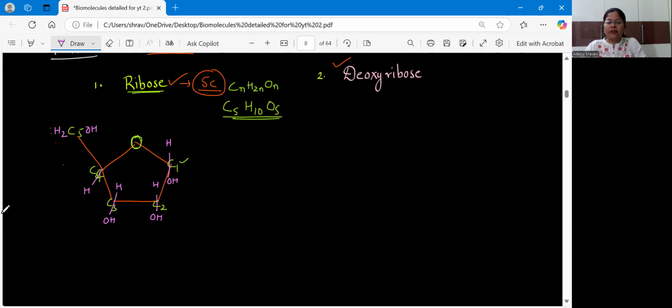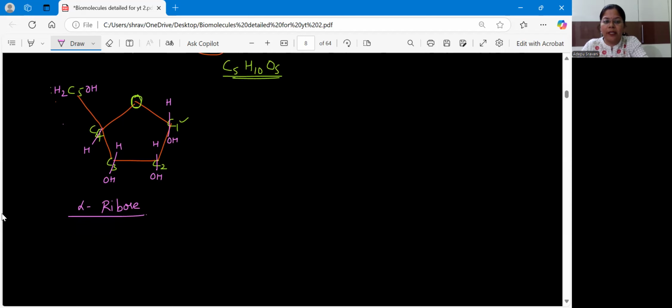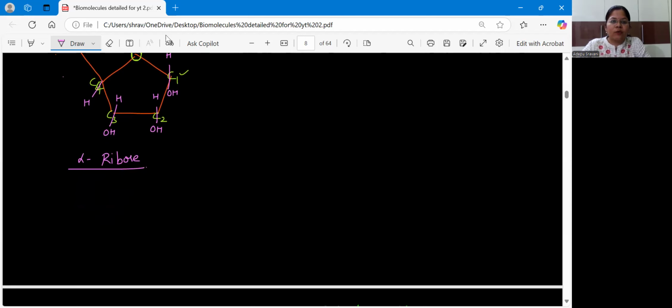So this will be the structure of alpha ribose. Why alpha ribose? Alpha and beta basically differ at C1. For example, if this is alpha ribose, at C1, H will be above and OH will be down. If I want to draw beta ribose, the structure will be something like this.